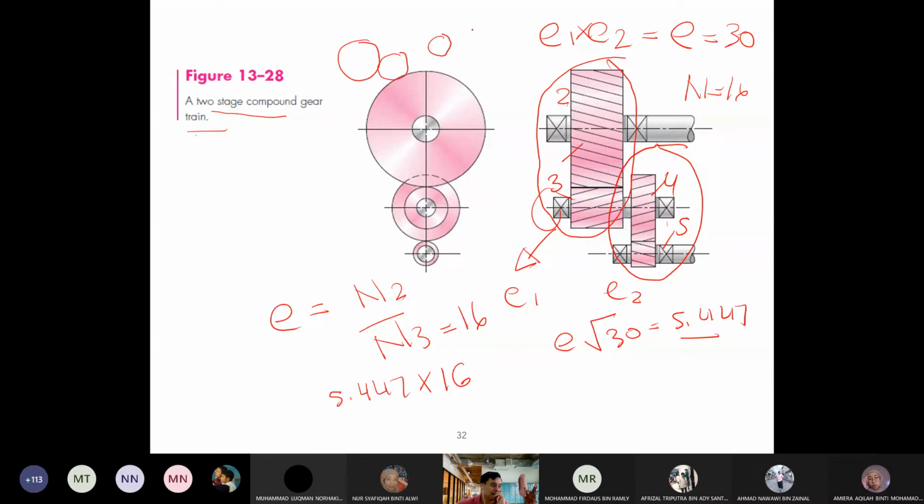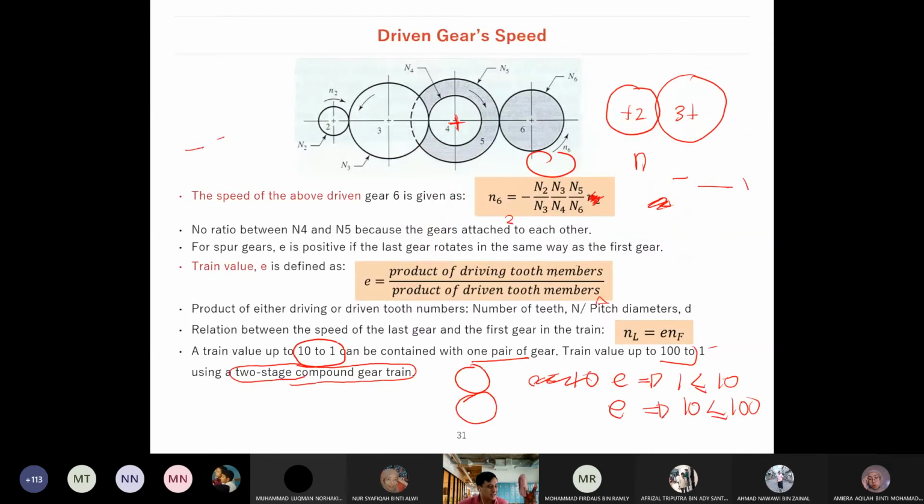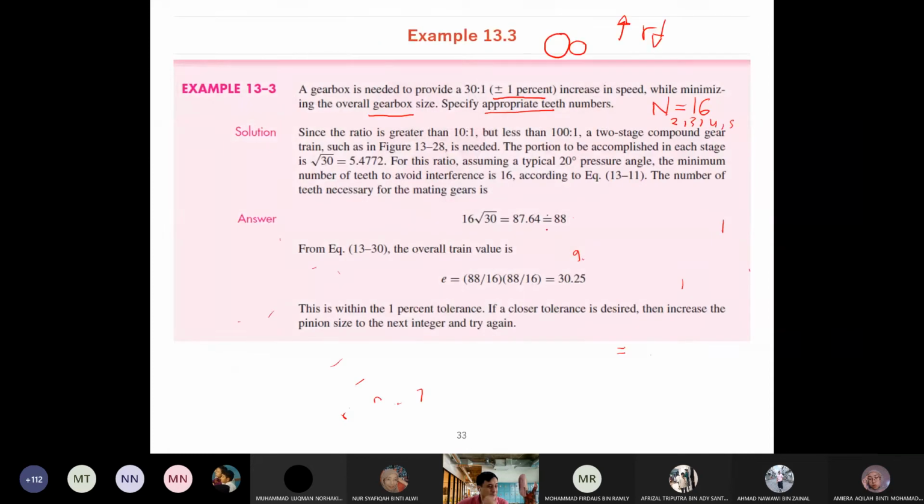Katakanlah decrease in speed, mesti belakang lagi besar. So that's why saya dapat anggap bahawa N2 ni sepatutnya lebih besar daripada N3. So saya darab lah. So dapatlah tadi awak dapat 88. Okey, tapi sebenarnya 87 lah, tapi kita bundarkan kepada 88 ataupun 87 pun boleh juga sebenarnya.